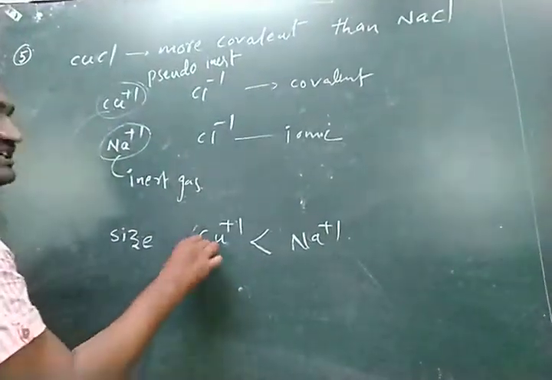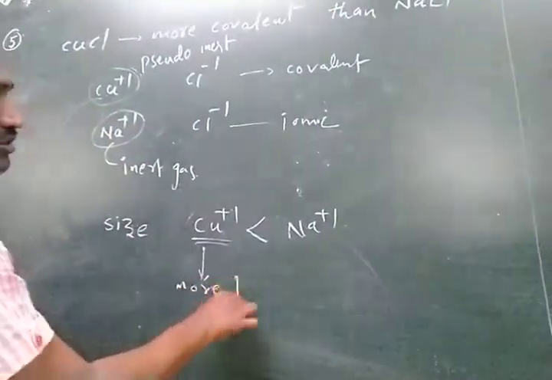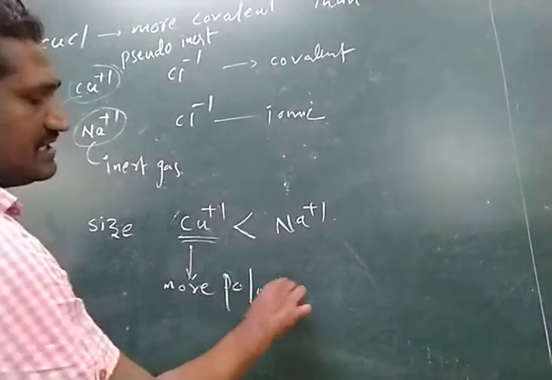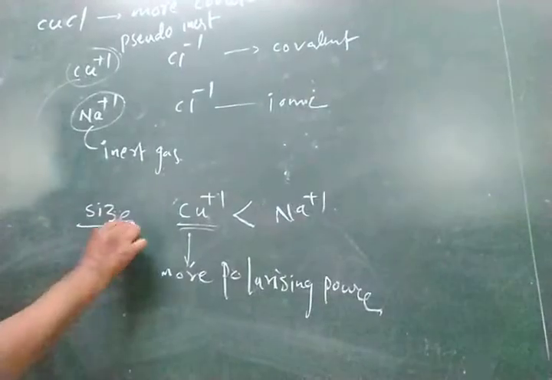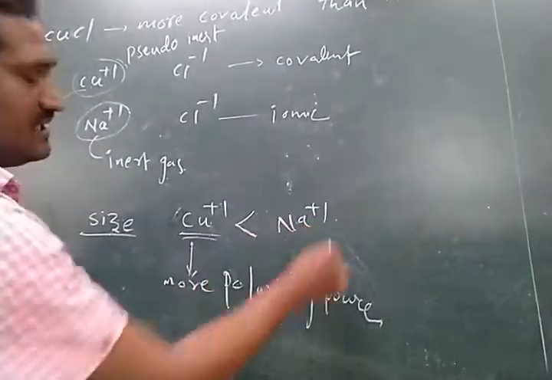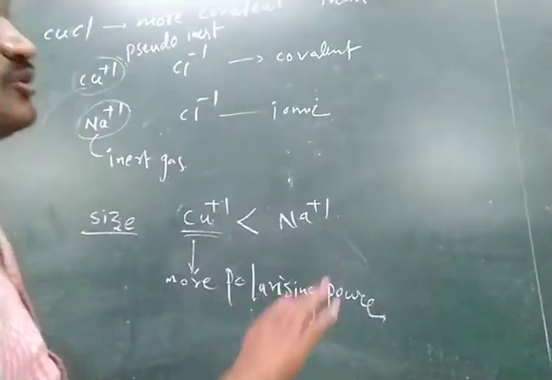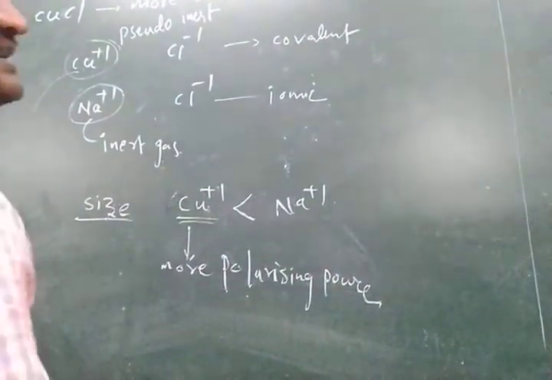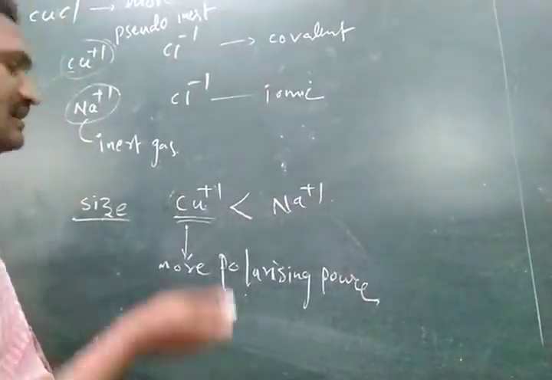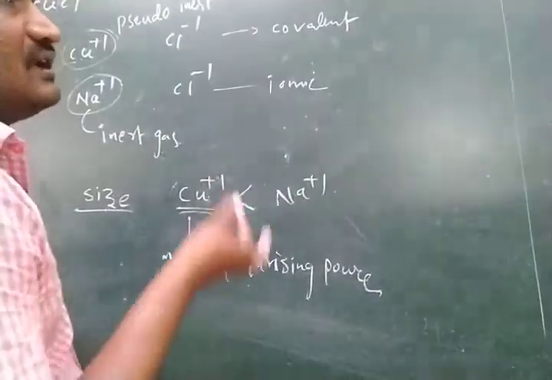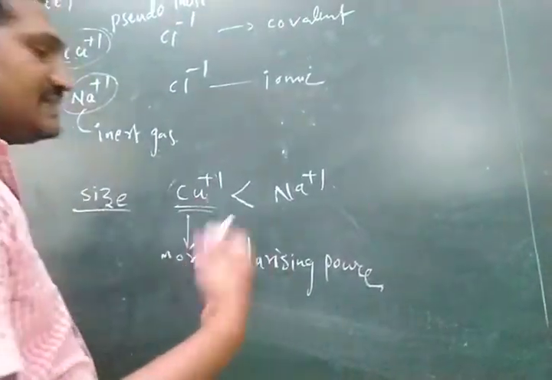So the smallest size cation has more polarizing power. If polarizing power increases, the tendency to attract the anion increases, the anion electron density increases. That means the covalent character increases.